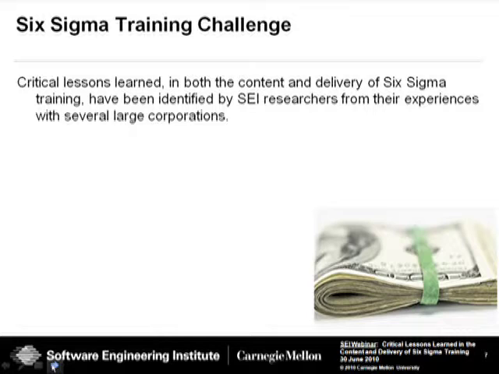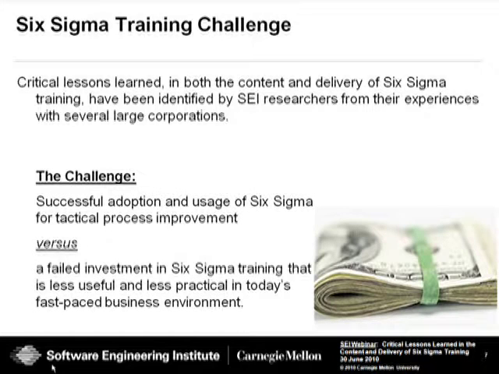And we have seen that through both our research and in experiences in doing client support and coaching in Six Sigma related methods. The challenge is the successful adoption and usage of Six Sigma for tactical process improvement versus a failed investment in Six Sigma training that leads to undesirable outcomes in terms of it not being used and not producing the business results that we want to see in today's fast-paced business environment.